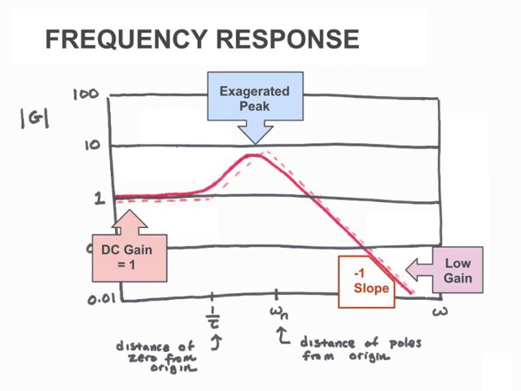So just to remind you, the reason why the frequency response has this particular form is because we have 1 zero at 1 over tau, and we have 2 poles at a frequency of omega n, that is their distance from the origin. And therefore, the shape is as shown.